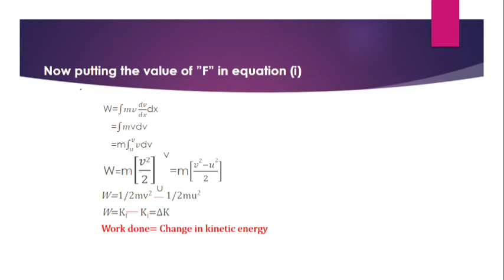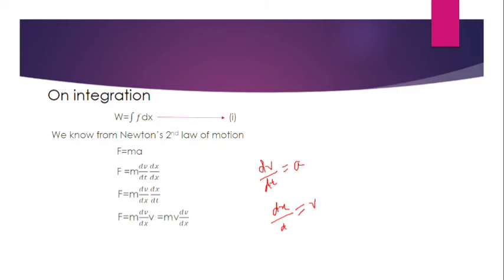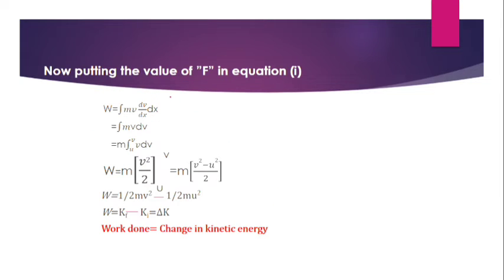Now by putting the value of F in equation 1, the equation 1 was W is equal to the integration of F dx. Putting in F, we get W is equal to the integration of m v dv by dx into dx.